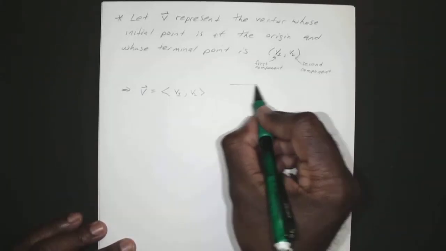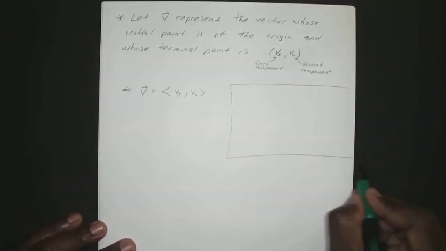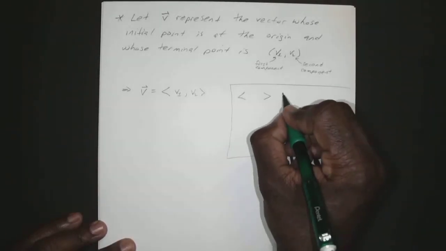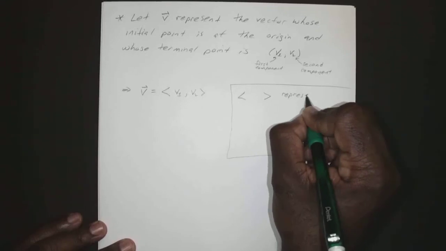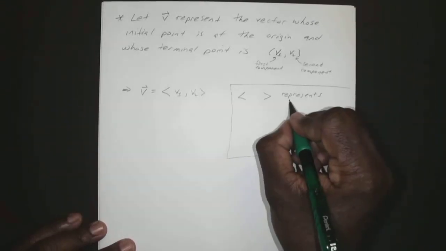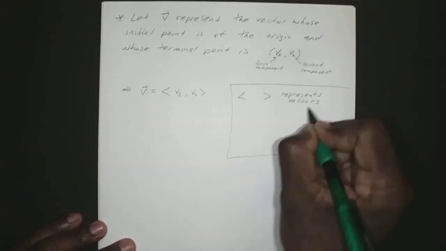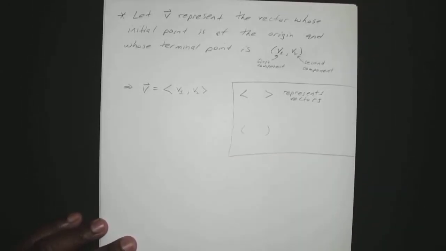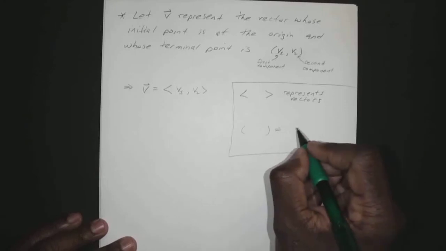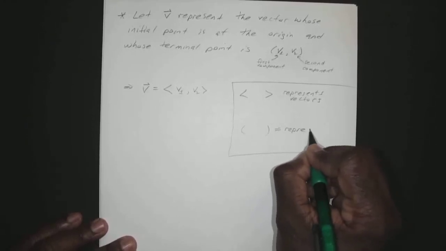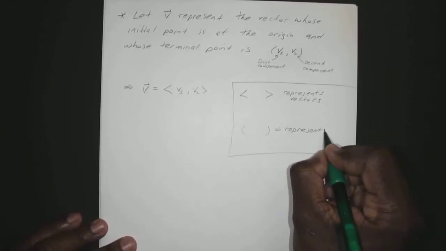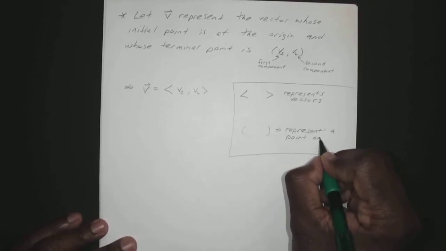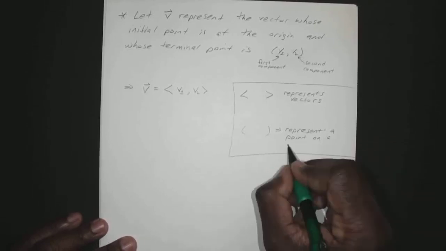So we know that if you have these brackets here, those represent vectors, whereas if you have just the parentheses, those represent a point on a line segment.